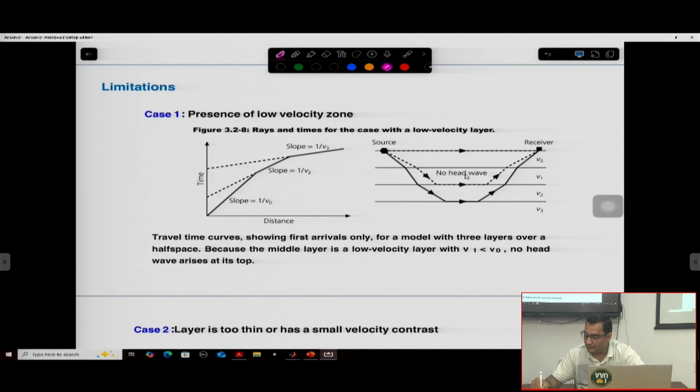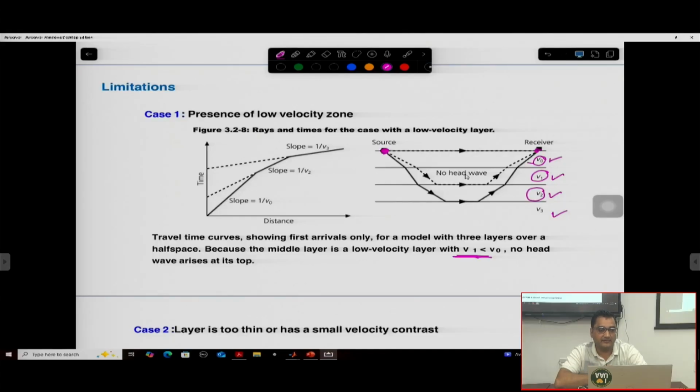So there is a source, there is a receiver, and there is this geometry. This is the first layer, second layer, third layer, then you have a half space. For the first layer the velocity is V0, then you have V1, and suddenly the velocity reduces from V1 to V2. So V2 is less than V1.